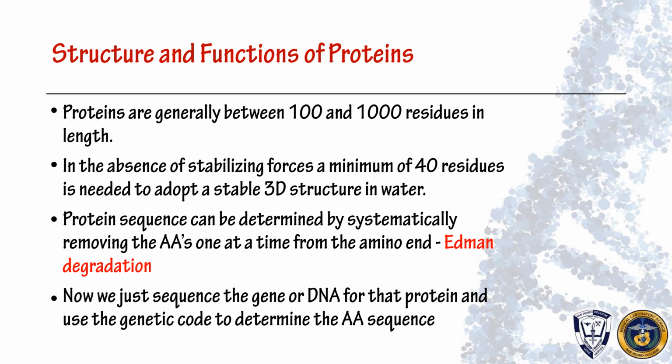In the absence of stabilizing forces, a minimum of 40 residues is needed to adopt a stable 3D structure in water. Protein sequence can be determined by systematically removing the amino acids one at a time through the Edman degradation. Now we just sequence the gene or DNA for that protein and use the genetic code to determine the amino acid sequence.